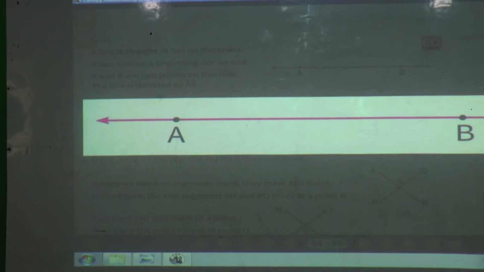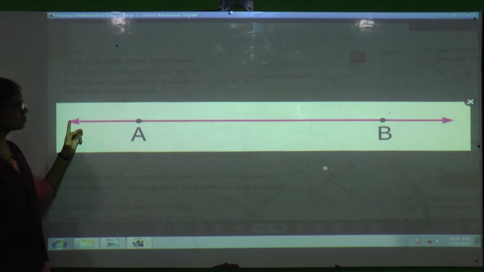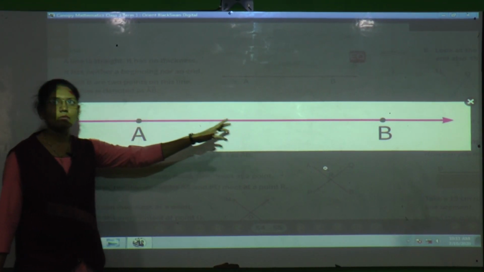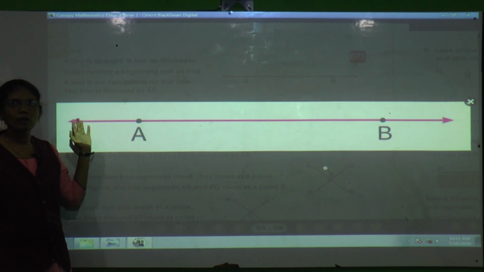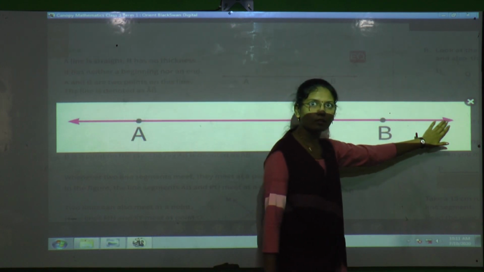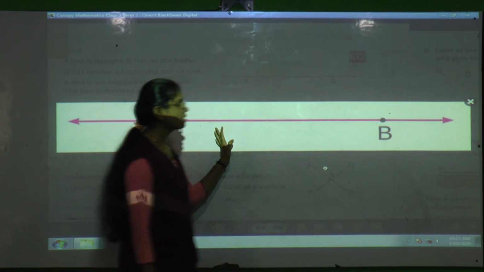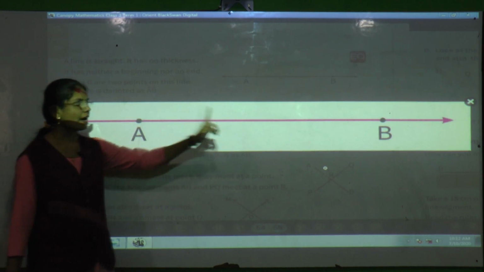Why is it called a line? Because arrows are on both sides. And what do the arrows tell us? It tells us that it does not have a beginning point and it does not have an end point. So this is a line. On this line there are 2 points A and B.